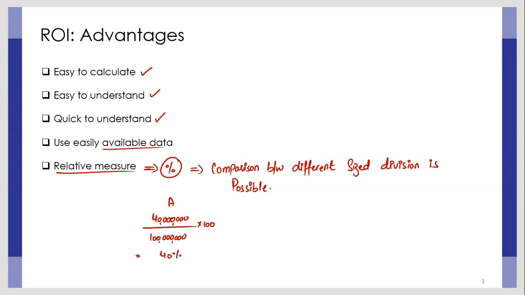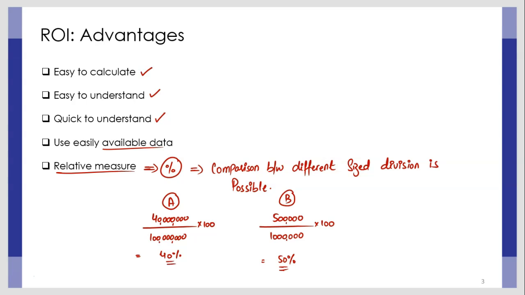And if I talk about division B, their profit is 500,000 and their capital employed is 1 million times by 100 and their return on investment is 50%. Now, from the information, we can clearly identify that division A is a large size division and division B is a small size division. But we can compare division A ROI with division B ROI.